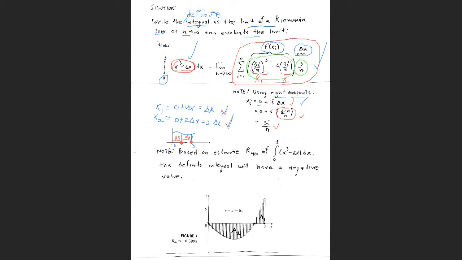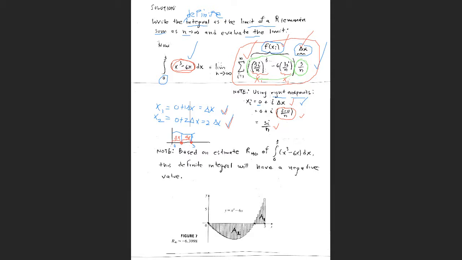That's x sub i cubed minus 6 times x sub i. That's how you get f of x sub i. And then delta x is just 3 over n. So in order to evaluate this definite integral, we need the limit of this Riemann sum.